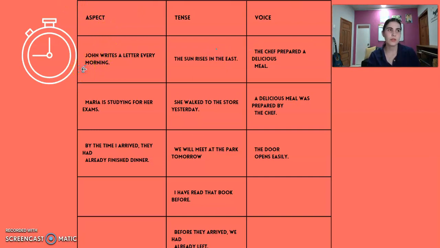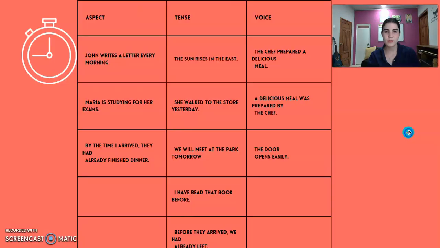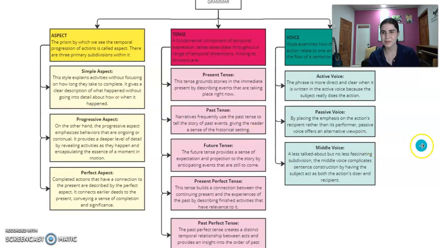As I mentioned before, the action is continued or is something that happened. Then we have the progressive aspect, sorry.